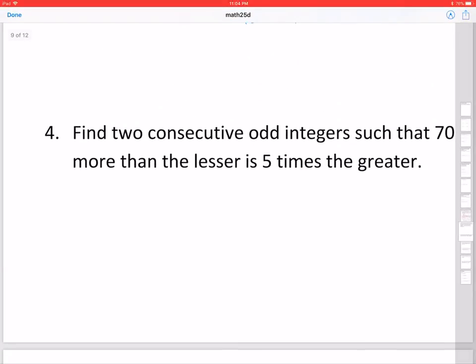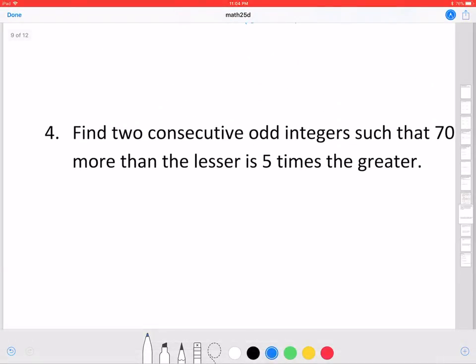And finally, the last one, number 4. Okay, you can read that on your own. Consecutive odd integers. All right, we do need to translate this.